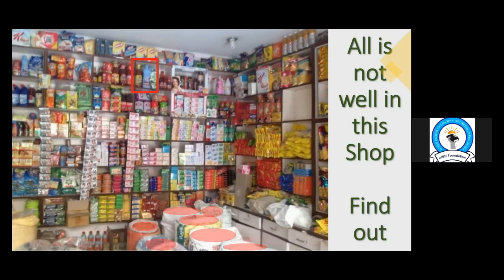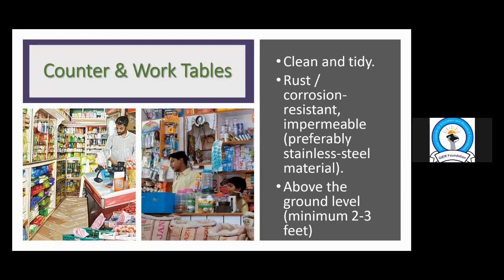As you can see, this CFL is injurious, because if anybody touches it or tries to take some item from the shop, it can be dangerous. So in this picture, there are certain mistakes supposed to be identified by you. Let's see what arrangements we need to do, what has to be there in the shop. As you can see, there are two types of counters.